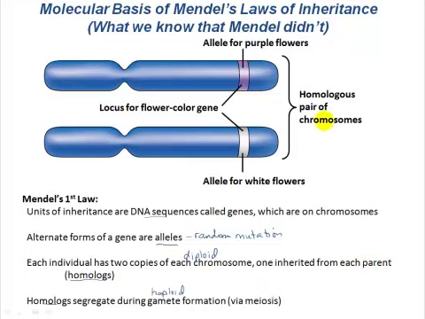So we can go back and link the outcome of his experiments when he saw that purple flower colored trait and that white flower colored trait, that those were actually a gene specifying flower color, and we had alternate versions of that gene on the 2 homologs inherited from the 2 parents, right? So these would be alternate alleles at the flower color gene locus or position in the chromosome.